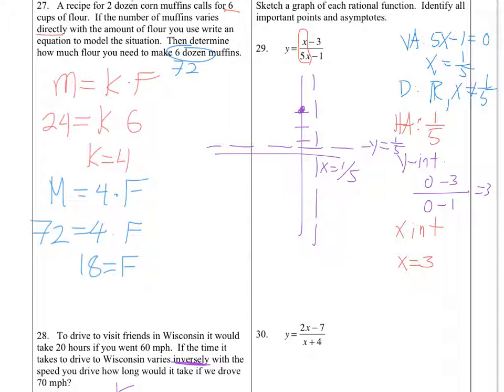So in this case, that's going to be a positive 3. So if that's 1/5, there's 1, 2, 3. That gives us a point in two opposite quadrants of my graph, which should give me a pretty good idea that we have a hyperbola that looks roughly like this.